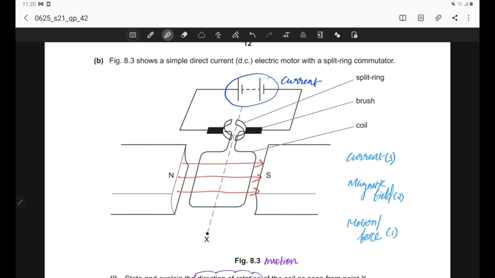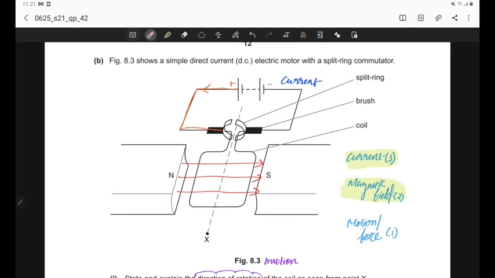And in this given question we have the direction of current and direction of magnetic field. Here we can check what is the direction of current. By looking at the terminals of the battery, we have a cell, a battery with positive and negative terminal, and we know that the current will flow from the positive terminal of a cell.